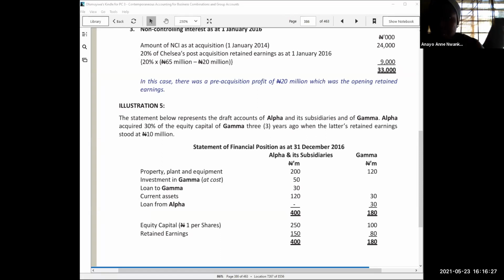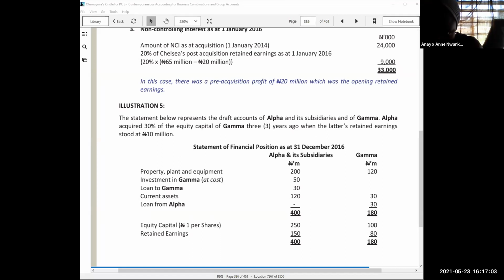Property, plant, and equipment. Every figure is in millions. Alpha and its subsidiaries, 200. For Gamma, 120. Investments in Gamma at cost, 50. Loan to Gamma, 30. Current assets. Loan from Alpha, 30. The total assets for Alpha and subsidiaries are 400, and that of Gamma is 180.